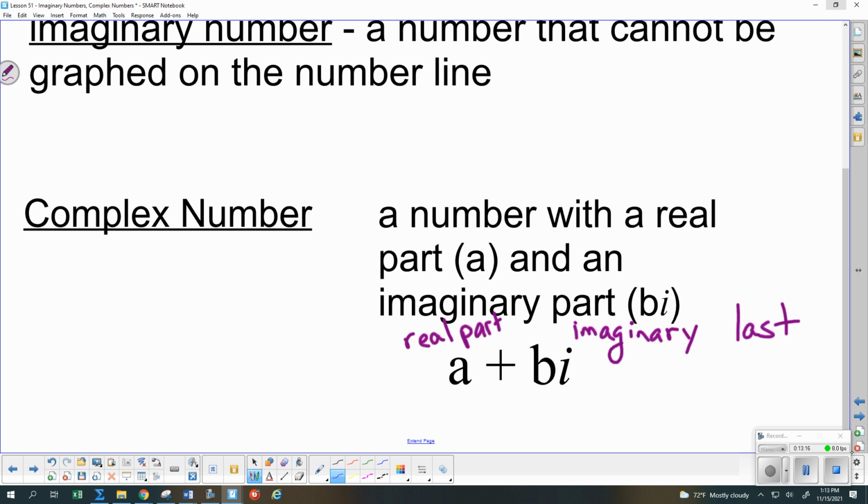So complex numbers are things that look like 3 minus 2i. Or maybe the square root of 7 plus 2/3 times i. Or maybe 1.6 minus 4i. So one real number plus or minus another real number times i.